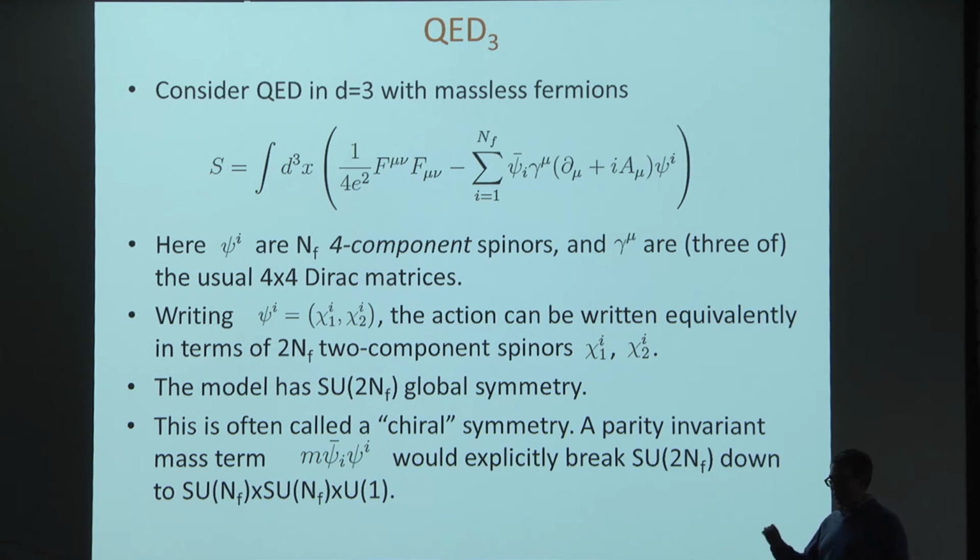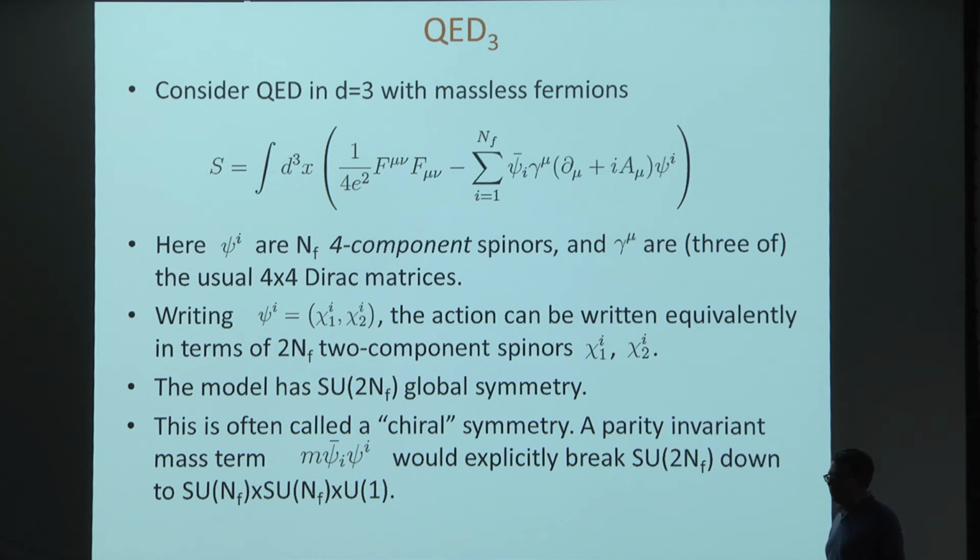Is it the number of 4-component spinors or the number of 2-component spinors? I think there is some division between camps on this one, but I'll use N_F as 4-component spinors. Then when you go to 3 dimensions, there are automatically 2N_F 2-component spinors, which we call chi1 and chi2, and this automatically avoids the parity anomaly.